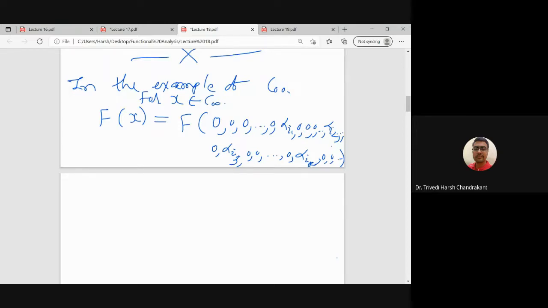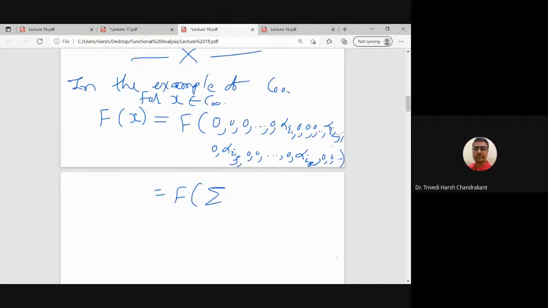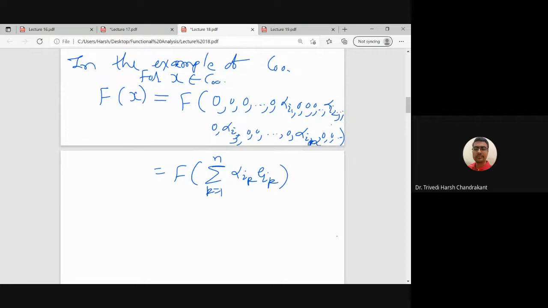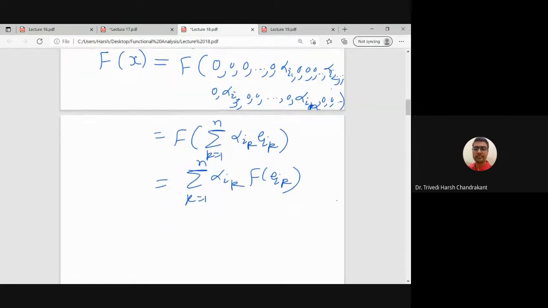When we apply f, what is this? Basically it is the summation of alpha ik eik, k from 1 to n. When we apply f, this is the summation of alpha ik f of eik, because f is linear, so we can take scalars outside.